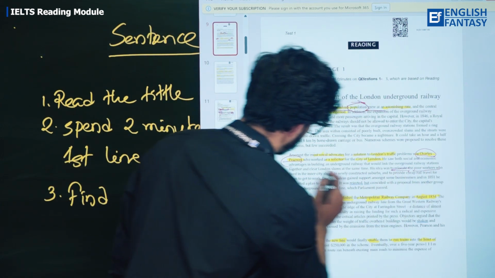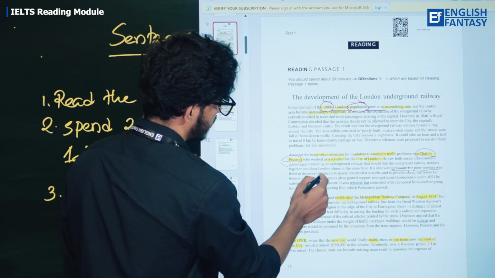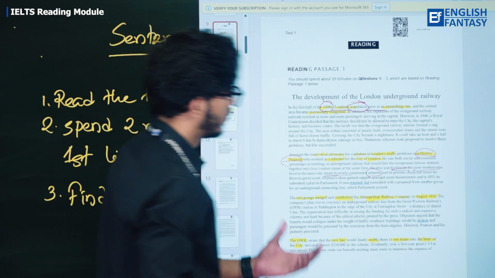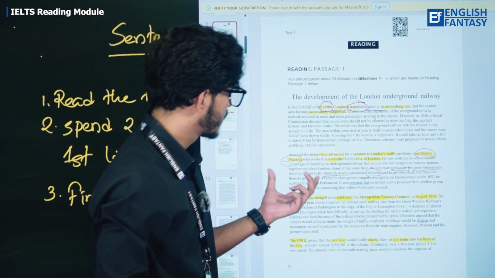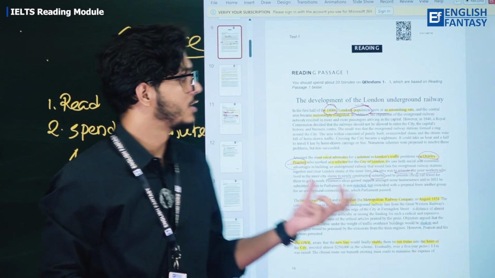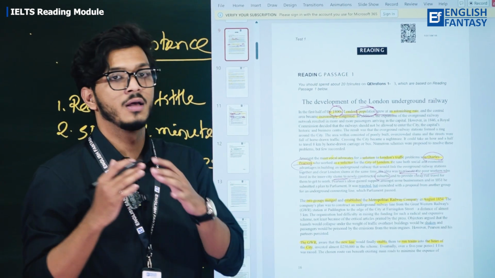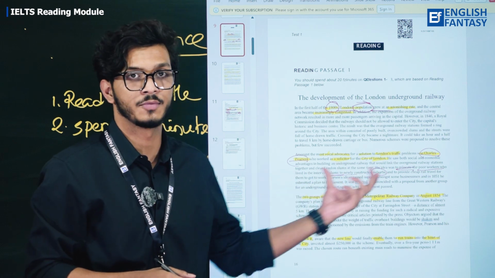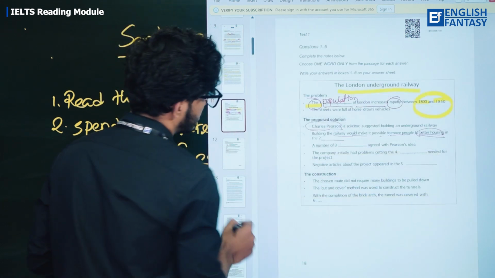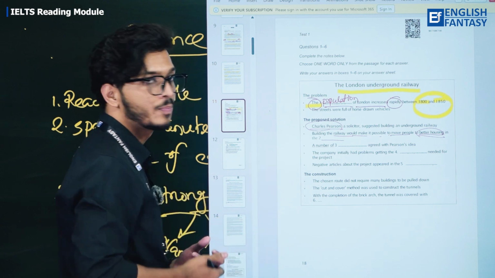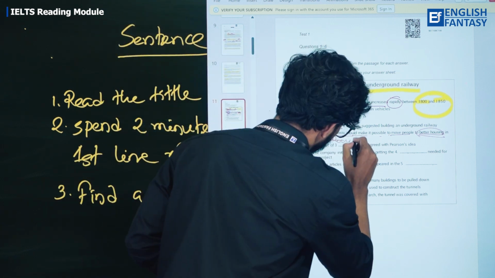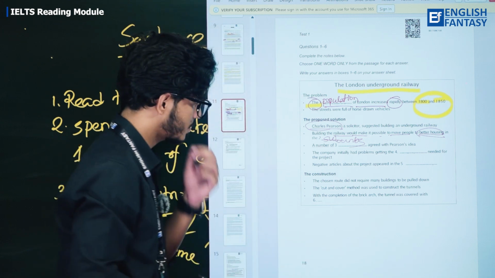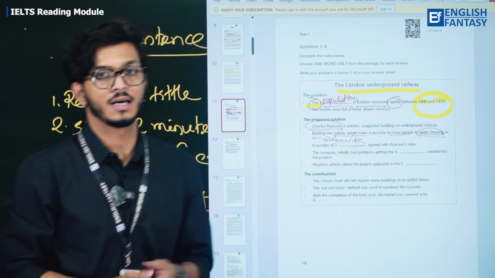The poor workers who lived in inner city slums to newly constructed suburbs. So they are shifting the poor workers from slums to newly constructed suburbs. So our answer is suburbs. Okay, it was also an easy answer.